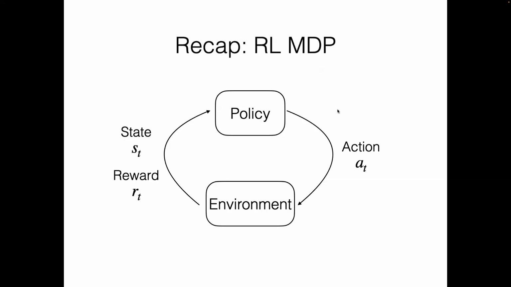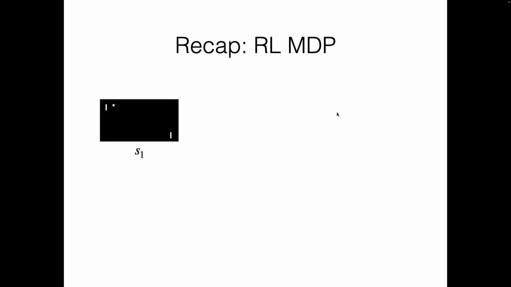Okay, the reason that I'm recapping this is because it'll turn out to be very relevant to what we talk about today, which is agents. So let me recap it a bit more just to make sure it's clear. Here we have this Atari game, called Pong. And you have a state here, which is an image of the Pong playing field.